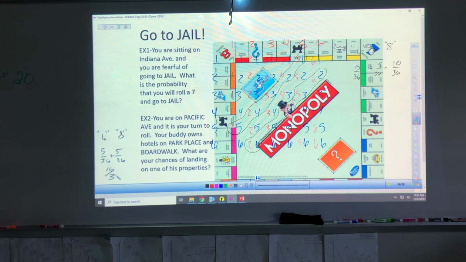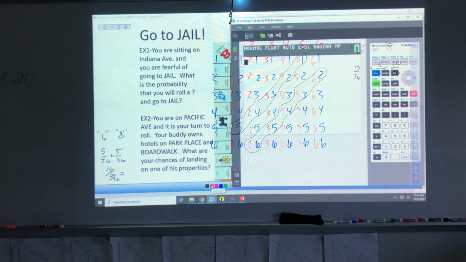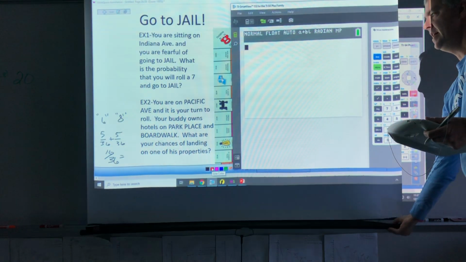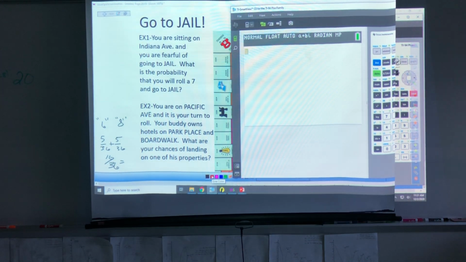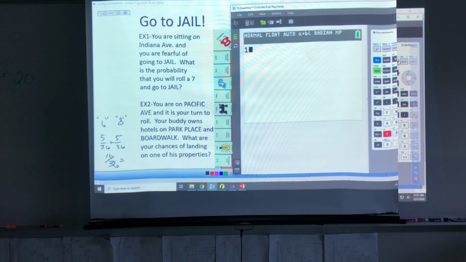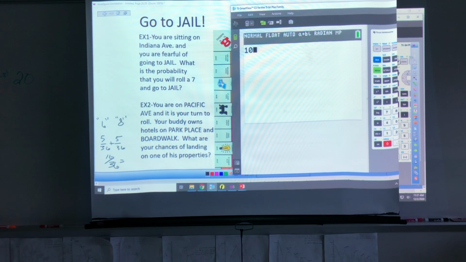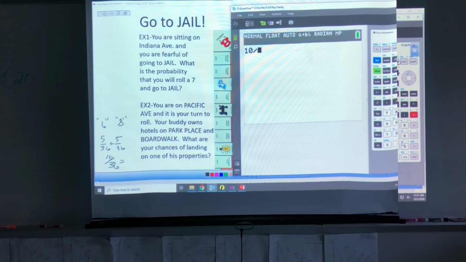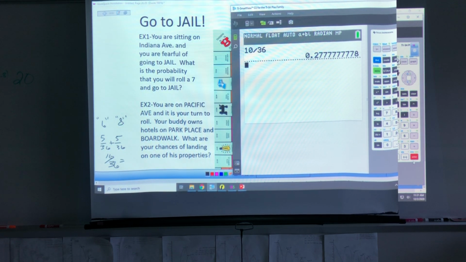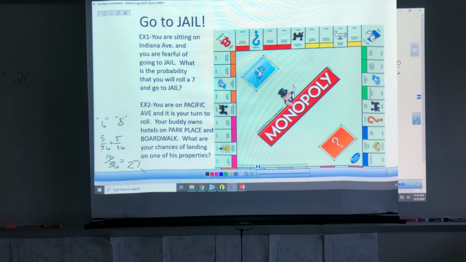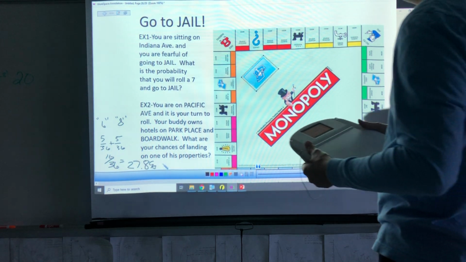So 10 over 36, which at the end of the day, pull that down one more time. 10 divided by 36. So you have about a 28% chance of losing the game, 27.8%. Okay? So there it is.